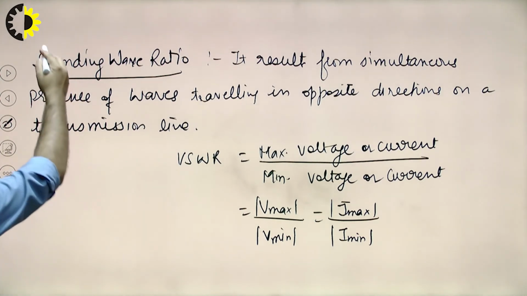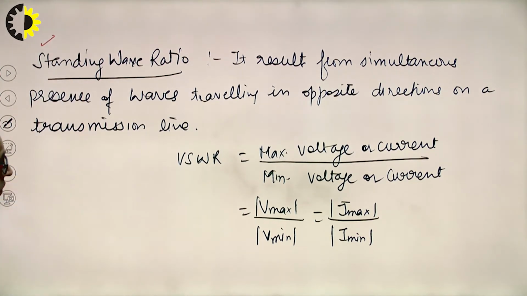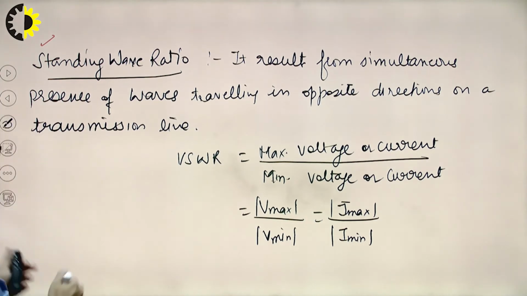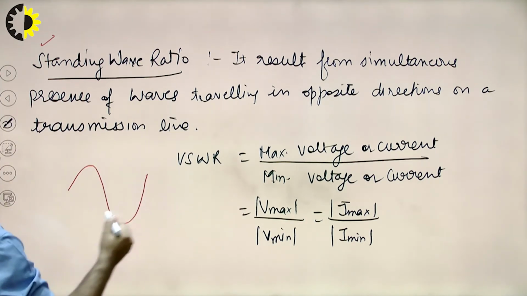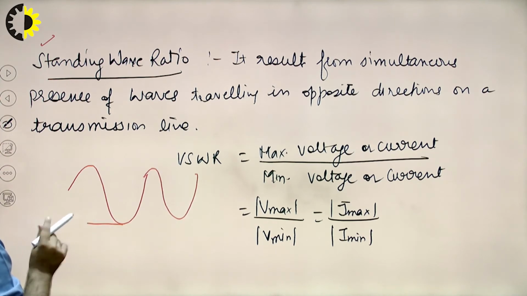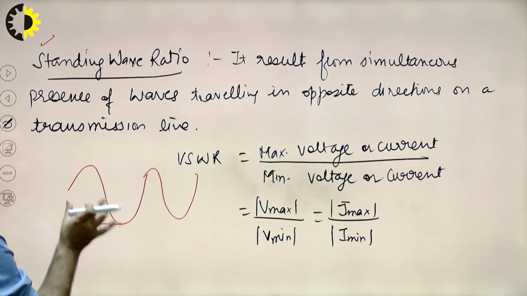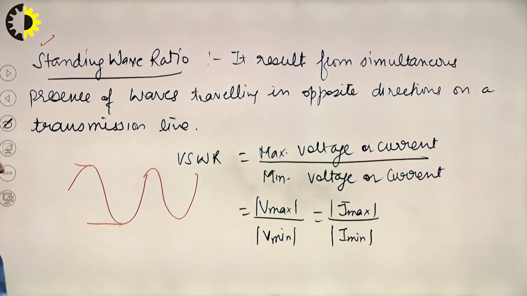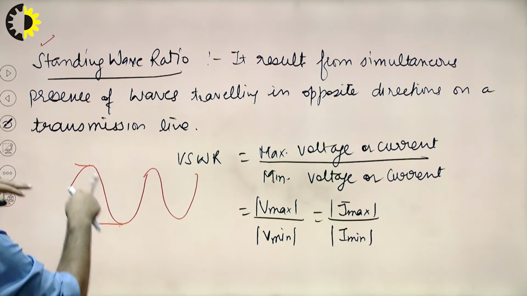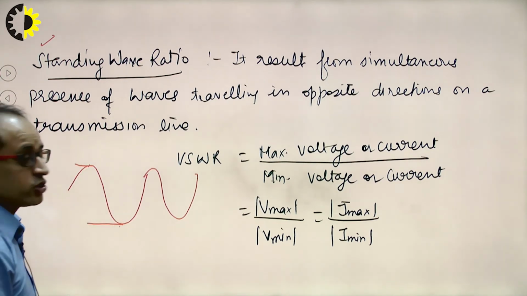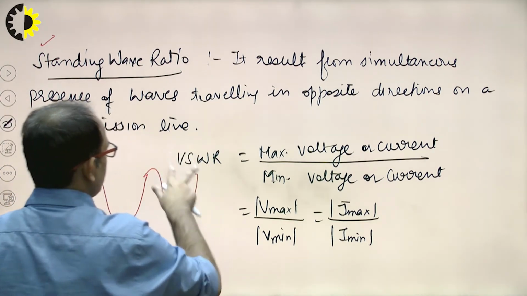Now what is standing wave ratio? Standing wave ratio is the ratio of the maximum voltage to the minimum voltage. Means if I say this is a standing wave pattern, and this minimum has some amplitude, and this maxima has some amplitude, so the ratio between the maximum voltage and the minimum voltage shows the VSWR.